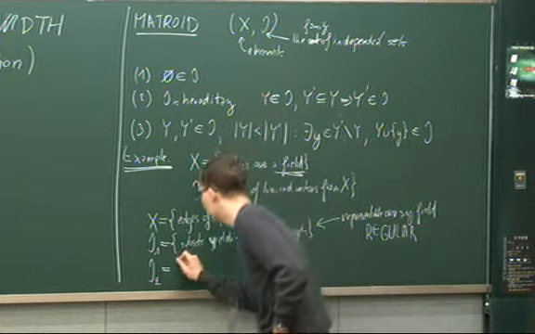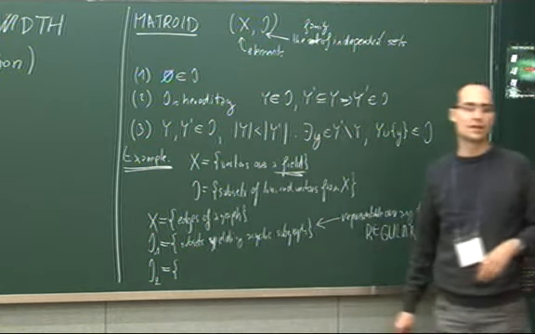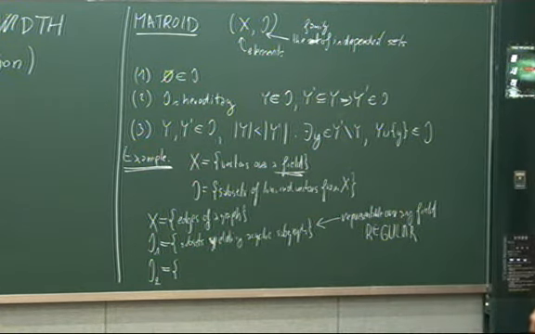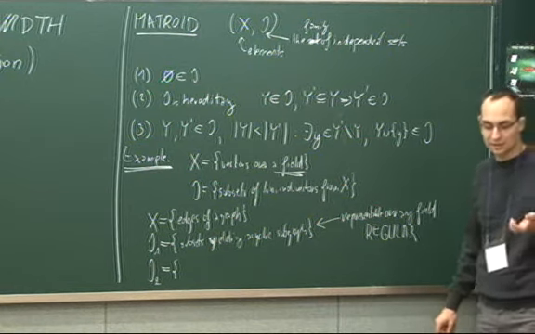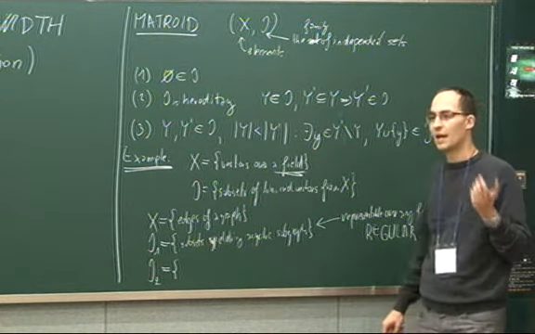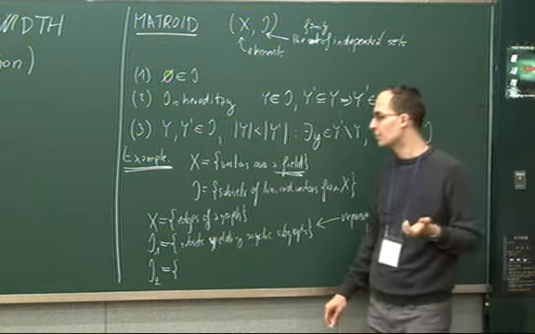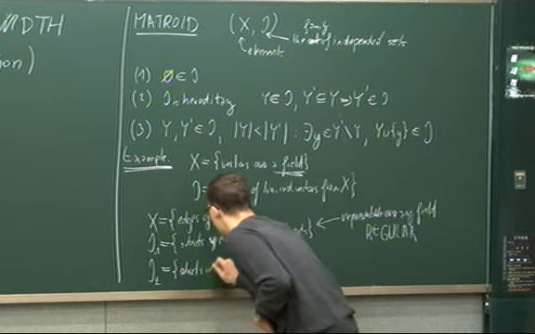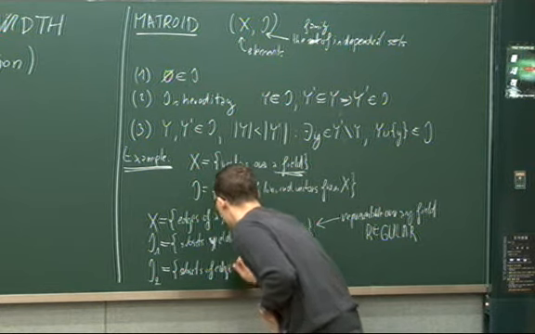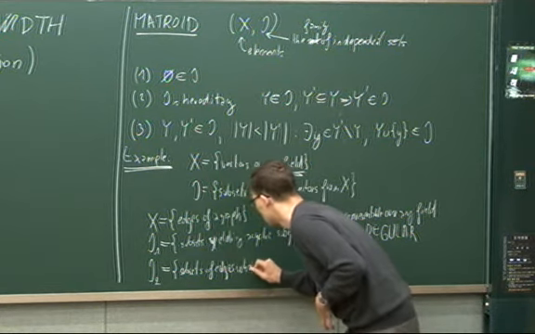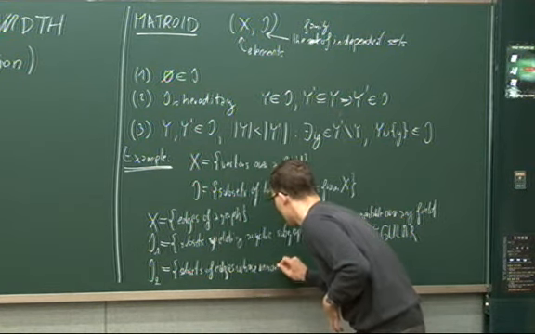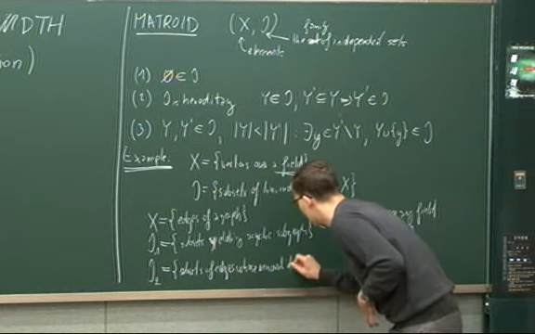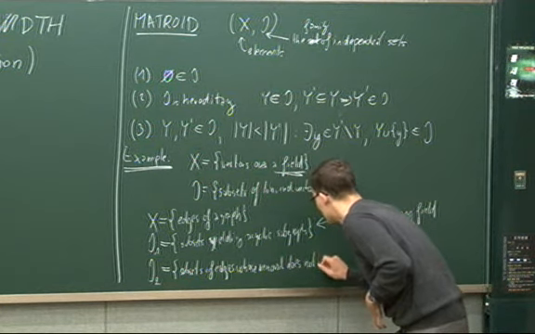Another way of obtaining a matroid from a graph is, instead of taking subsets of edges forming acyclic subgraphs, you can also take subsets of edges whose removal does not increase the number of components.